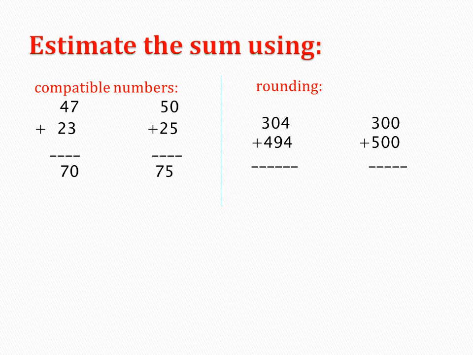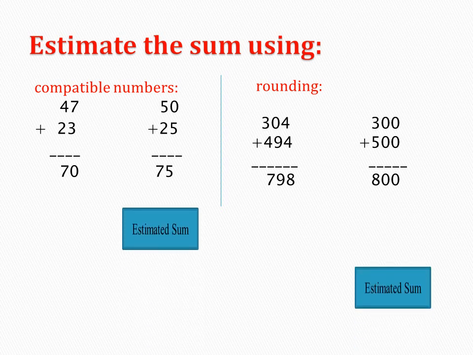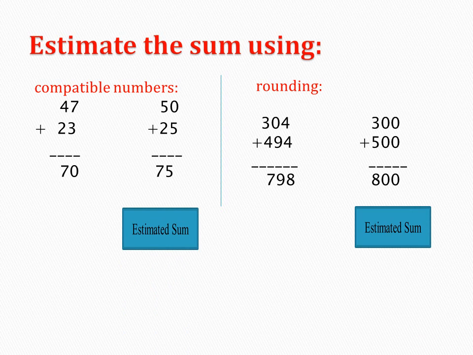I rounded 304 to 300. 494 is between 400 and 500, but because it's closer to 500, I rounded it to 500. 300 plus 500, super, it's so easy to calculate, equal 800. I can hear you saying 800, yes, I can hear you. 800 is an estimated sum, it's not the exact sum.